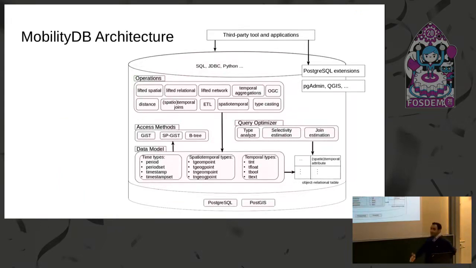So MobilityDB is a vertical extension that extends PostgreSQL at all data management levels. So it extends the data model with both time types and temporal types that I just mentioned. So you can use them as attribute types in your table.